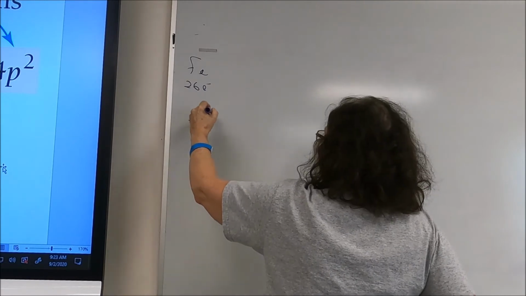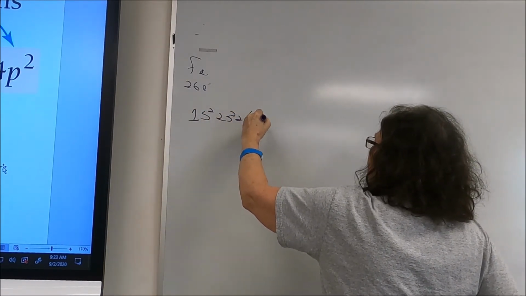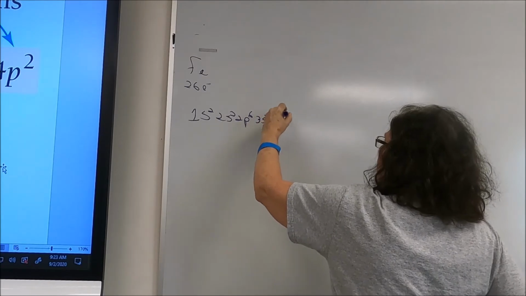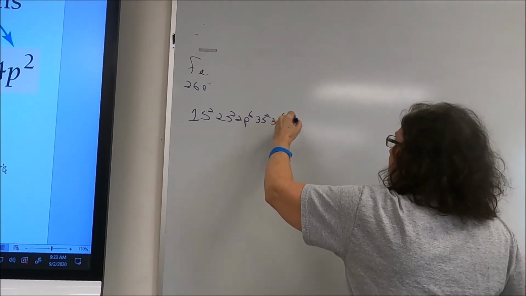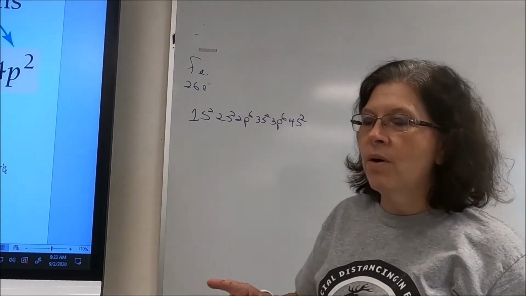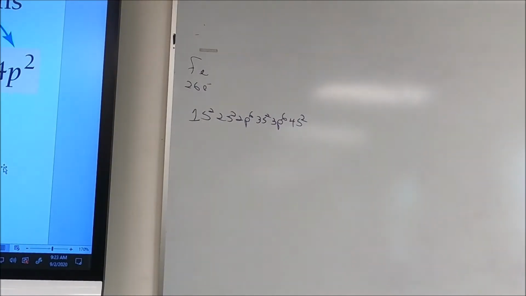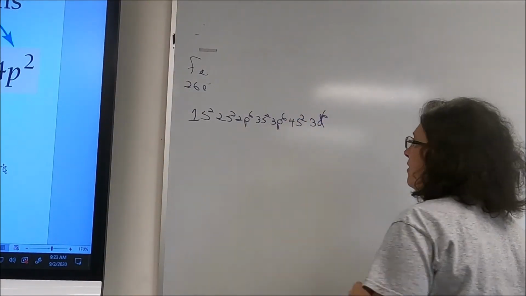So we start out 1s2, 2s2, 2p6, 3s2, 3p6, okay, 4s2, and then after 4s in energy comes 3d, and iron is 1, 2, 3, 4, 5, 6 over. So 3d6.